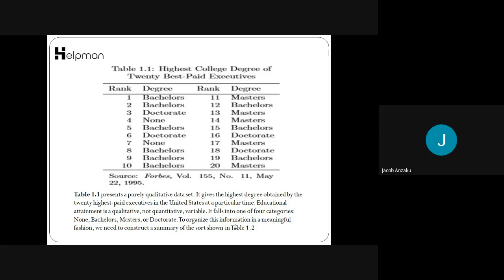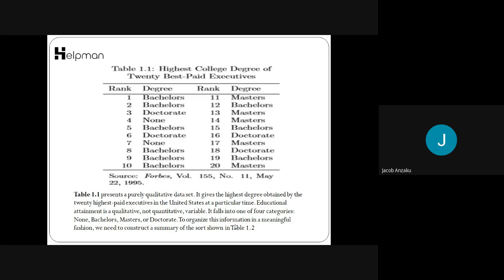So this data, by mere looking, we can see that it is purely a qualitative data because there's no numerical value that is quantifying them. Now, table 1.1 presents a purely qualitative data set.